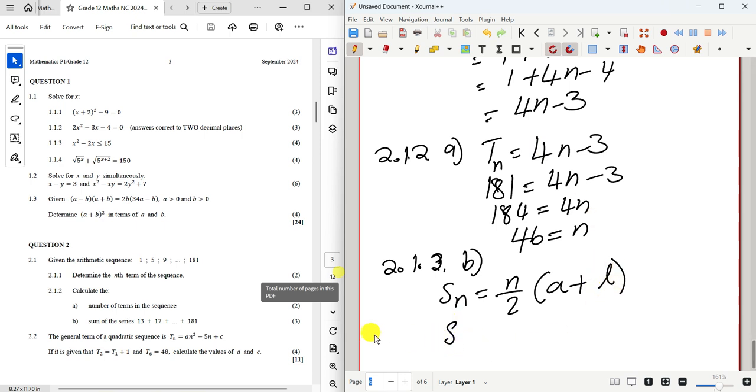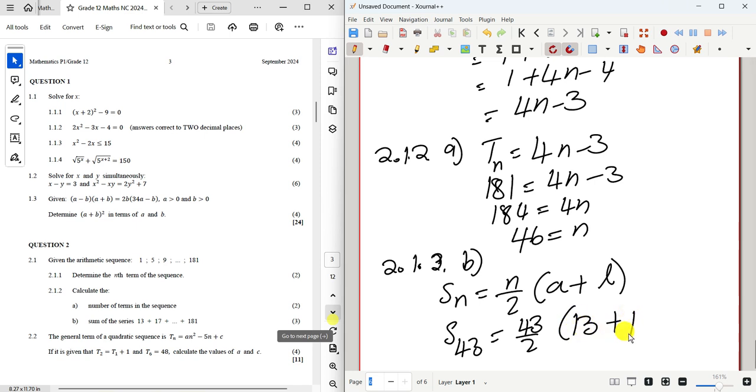So how many terms are here? There were 46 terms, but for this particular series, the first, second, and third were omitted. So this means there are now 46 minus 3, which is 43. So n is 43. The first term is now 13 and the last term is 181.